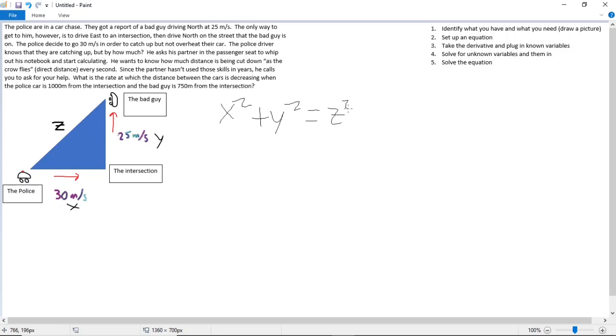So now we have to take the derivative and plug in all the known variables. We're going to use implicit differentiation with this.